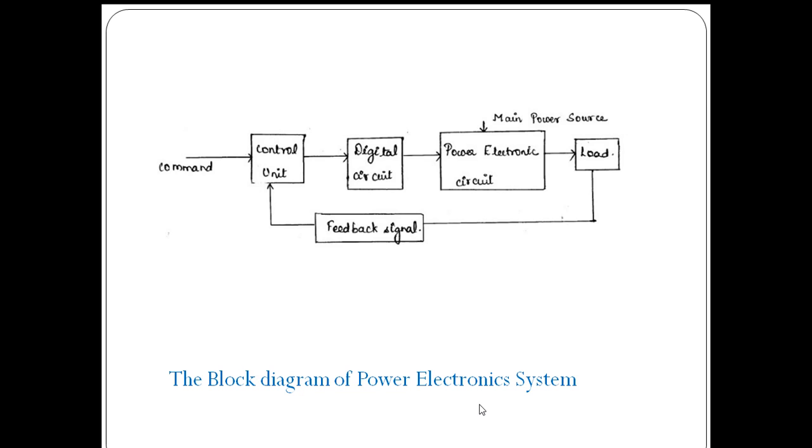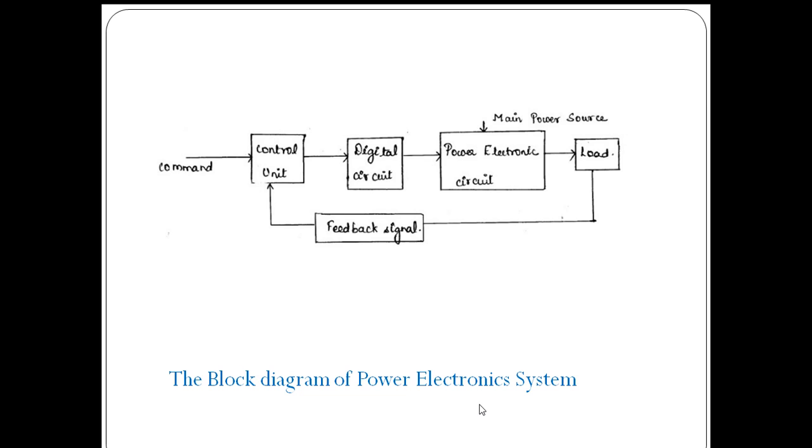In the control unit we are comparing the feedback signal and the command, and the concerned error signal will be given to the digital circuit. Accordingly a firing angle will be calculated and given to the power electronic circuit, which is connected to the main source.